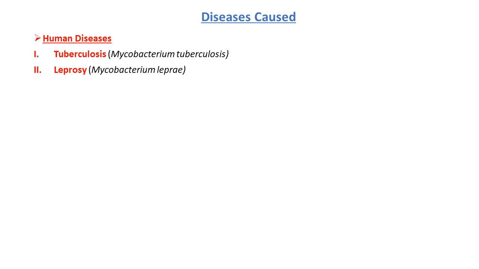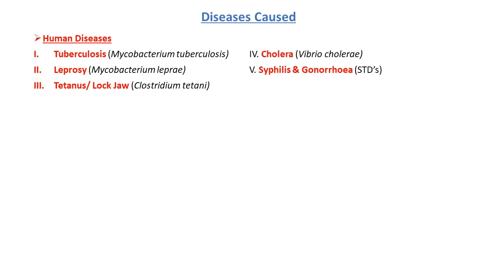It also brings about tetanus or lockjaw caused by Clostridium tetani, or cholera, etc. are the diseases caused by bacteria to human beings. In addition, they may bring about STDs, sexually transmitted diseases, also caused by bacteria, syphilis or gonorrhea. So that was for the human beings.